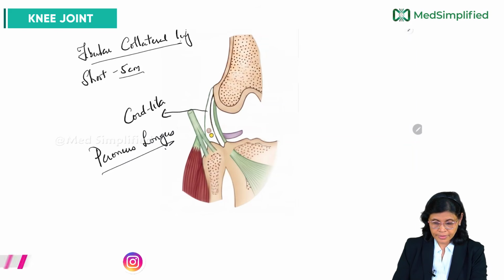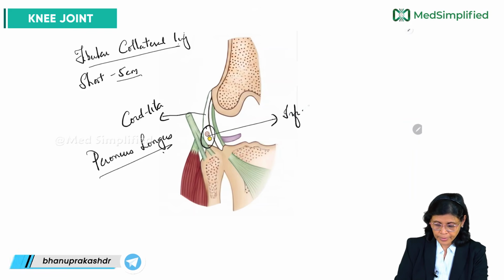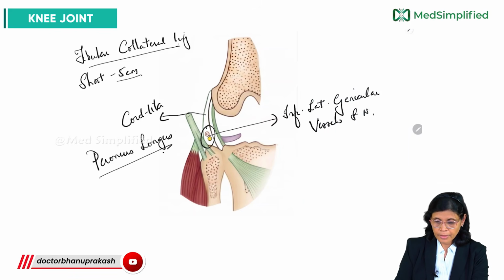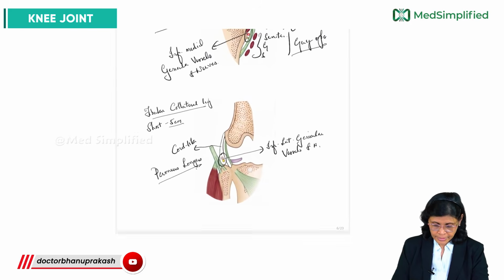Here, between the capsule, this is the capsule, and that, we have the inferior lateral. So that side we saw inferior medial, and here on the lateral side we see inferior lateral genicular vessels and nerves. So that is about the fibular collateral ligament.